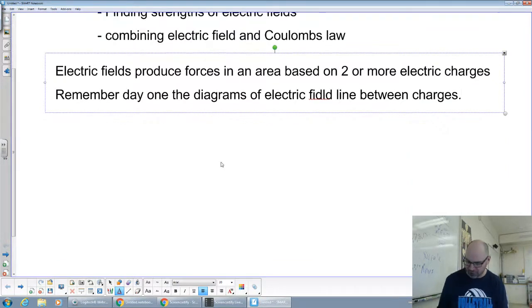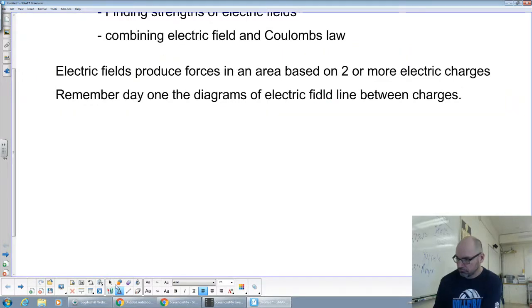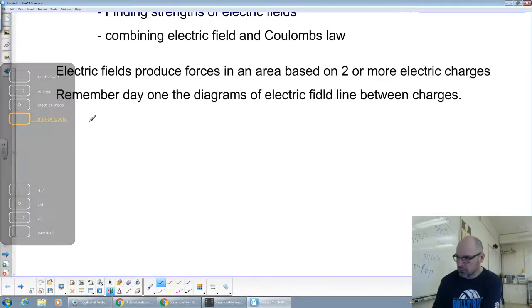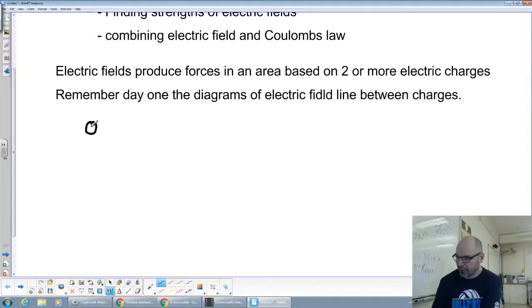Okay, so if we had a positive charge right there, the electric field lines would point out like this in a spread out symmetrical pattern.